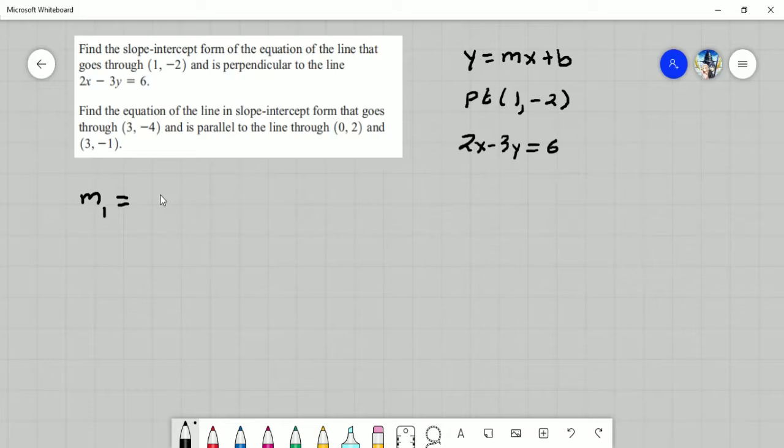So if the slope of one line is 2, then the slope of the second line, in order for it to be perpendicular to the first one, needs to be the reciprocal, so 1/2, and negative.